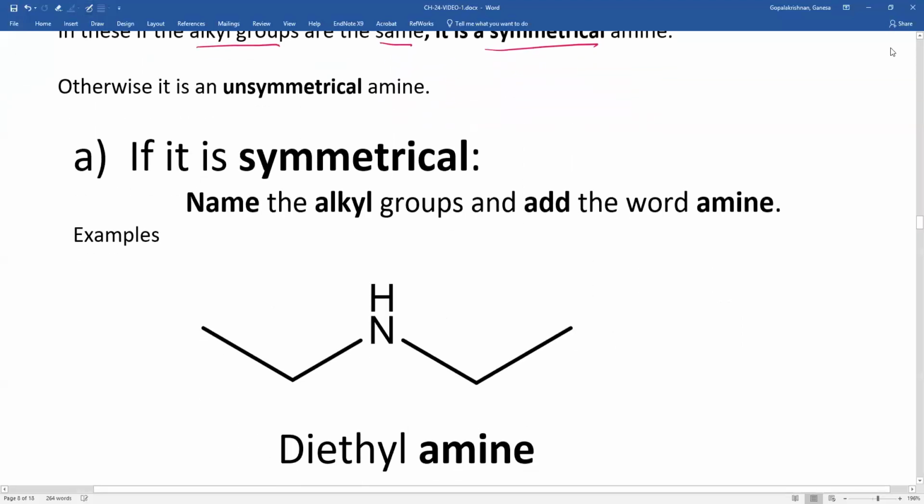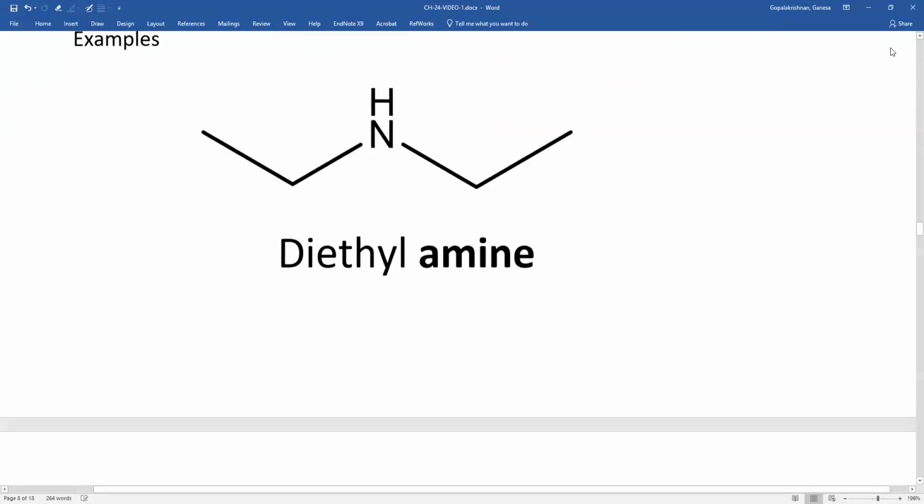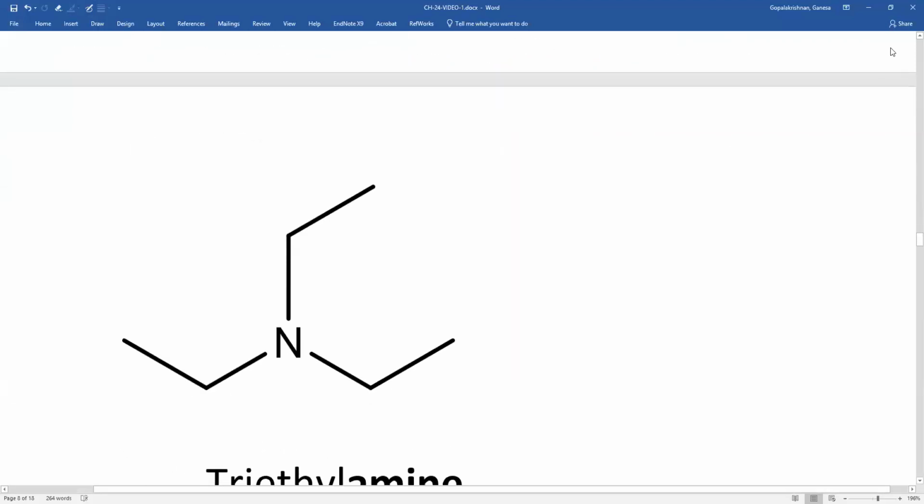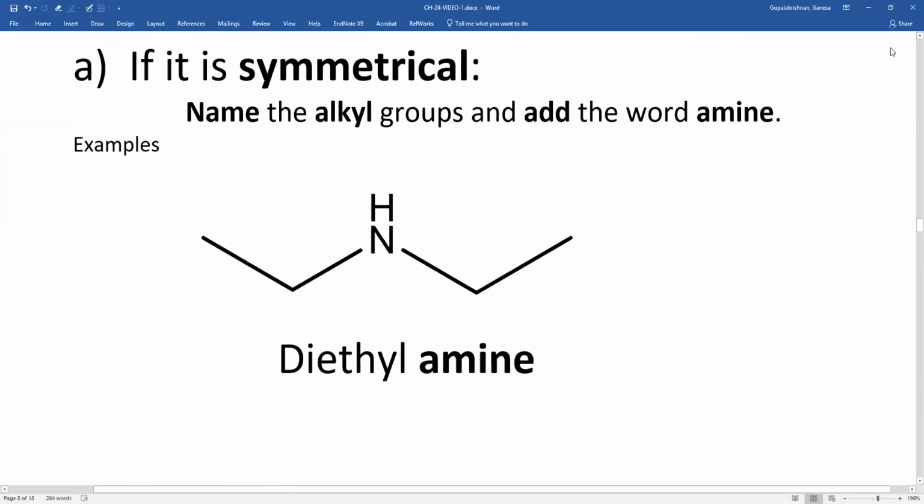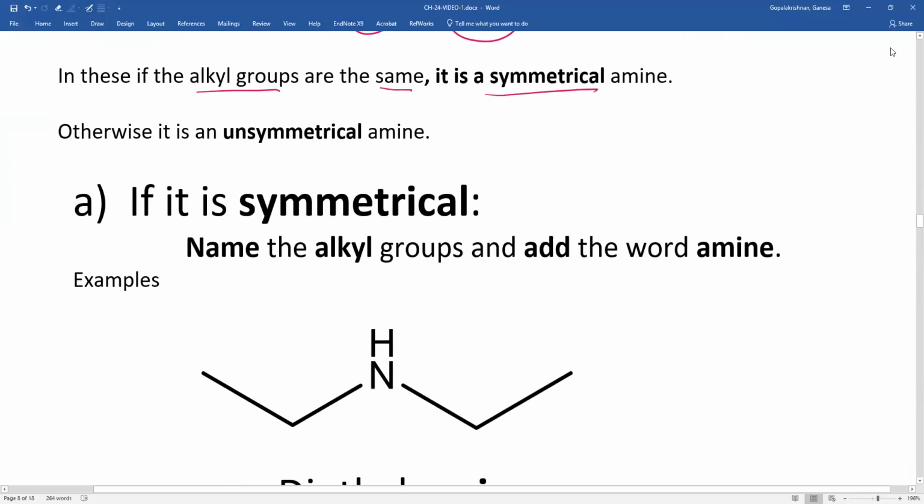Look at it here. There are 2 alkyl groups, both of them methyl. Even in the tertiary amine, there are 3 alkyl groups, and they are all the same. So these 2 are examples of symmetrical amines. If they are not the same, that amine is an unsymmetrical amine.